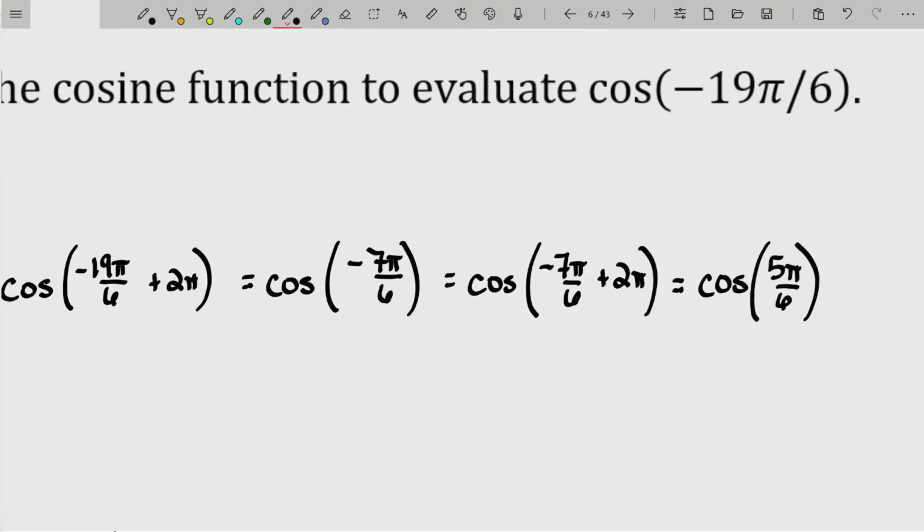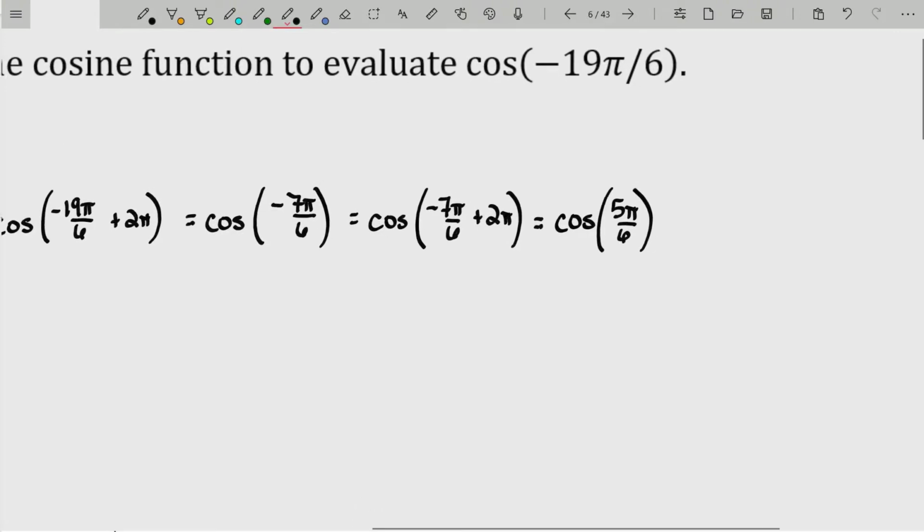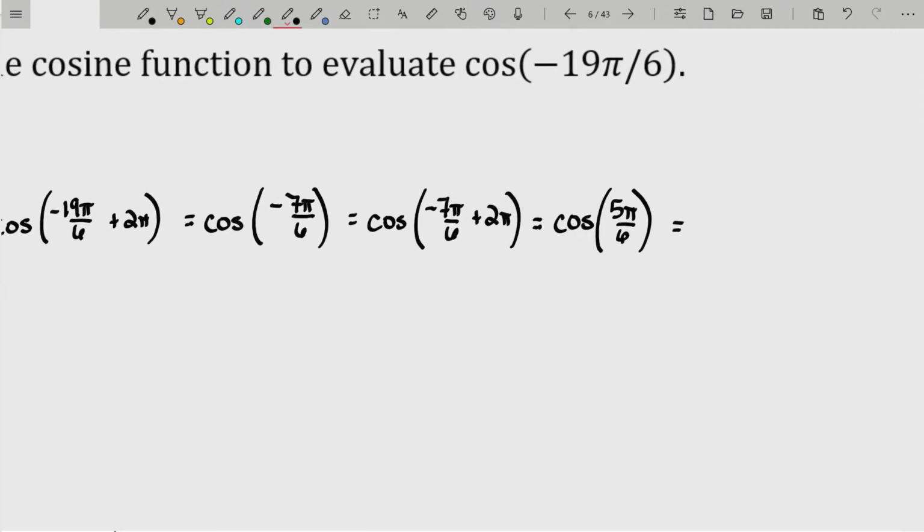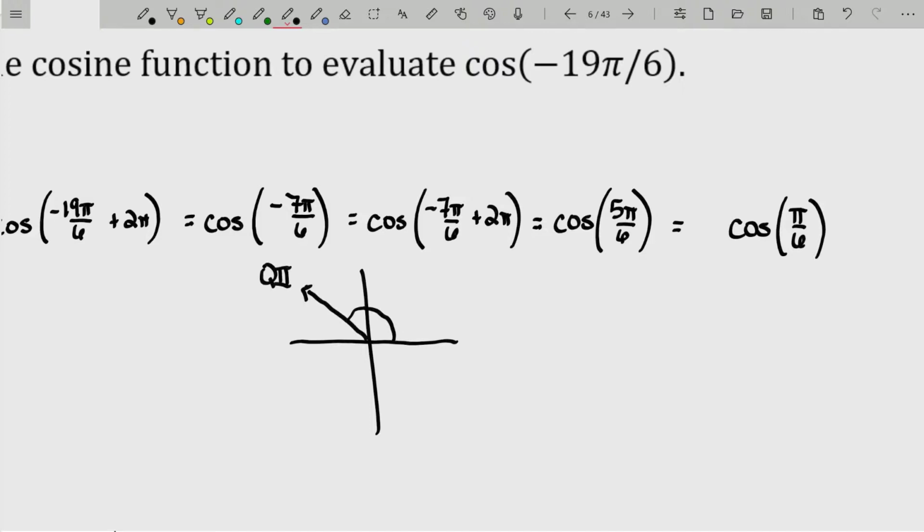So cosine of 5 pi over 6. We talked about reference angles in the past, so this is sort of like the cosine of regular old pi over 6, with the exception that 5 pi over 6 as a rotation ends in quadrant 2. And all students take calculus. Cosine is not positive in quadrant 2. Cosine is negative in quadrant 2.